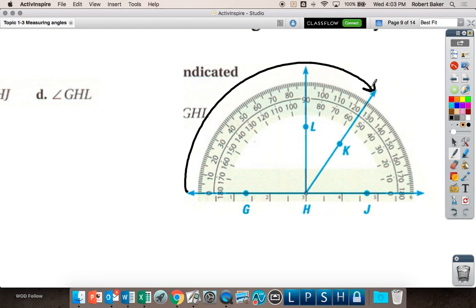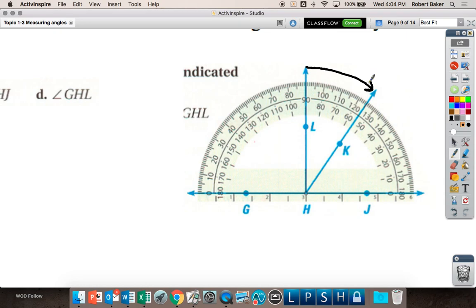Now, does that seem like a really easy test question? Yes, it does. There's your test question. That's doable. Acute is perfect, but do you have the ability to turn your protractor? That's where you have to do math.